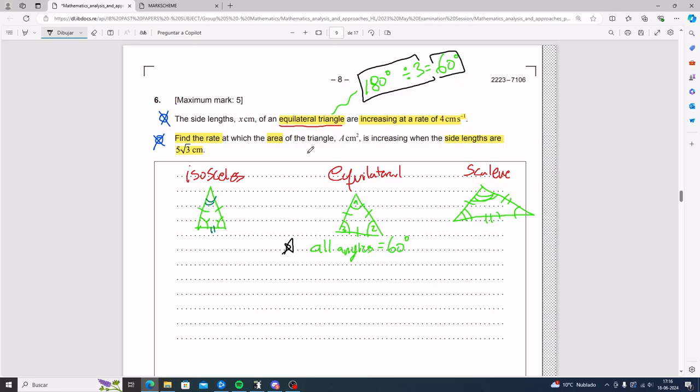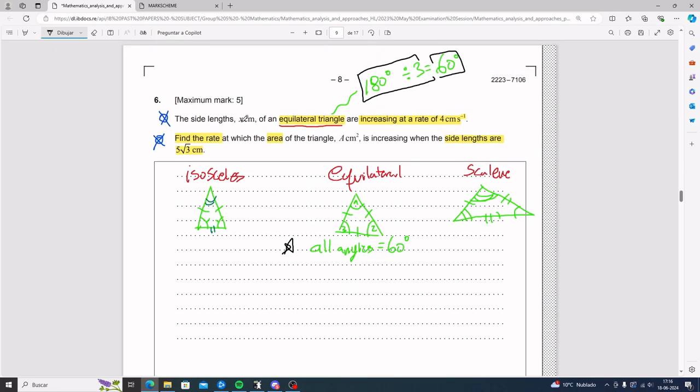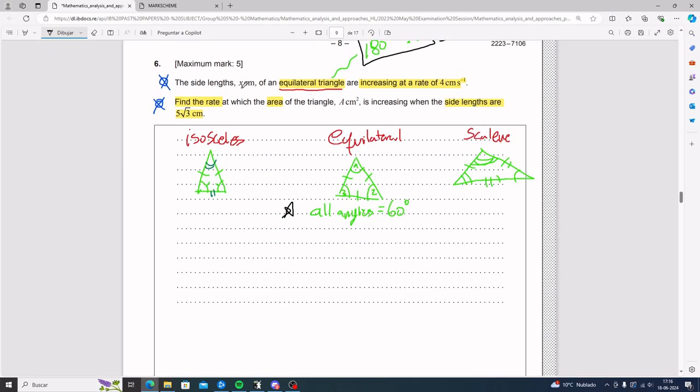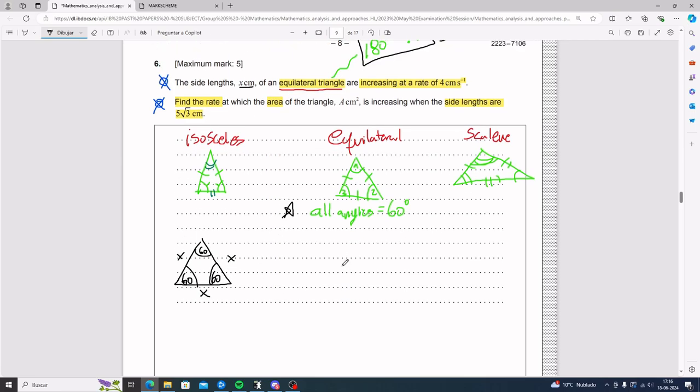Now there's a lot of moving parts here, quite literally. This imaginary triangle has side lengths x centimeters. So let's go ahead and draw that now. This equilateral triangle of the exercise has sides of x, and you also know that all of these angles are 60. All right, so there is my equilateral triangle.